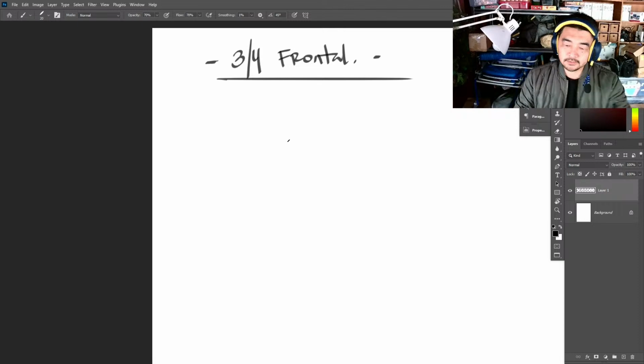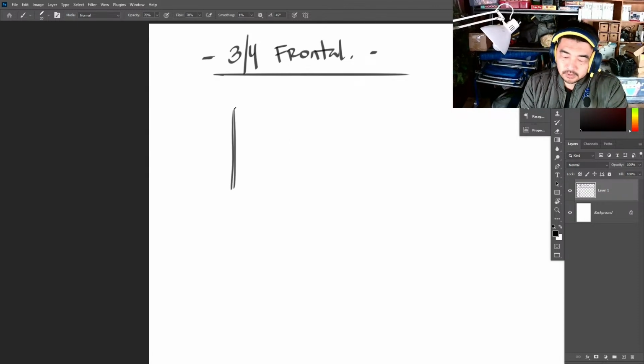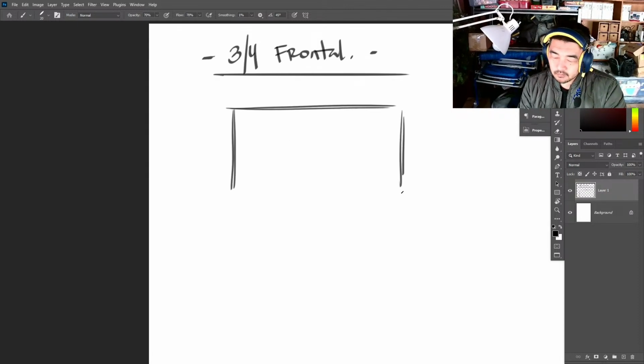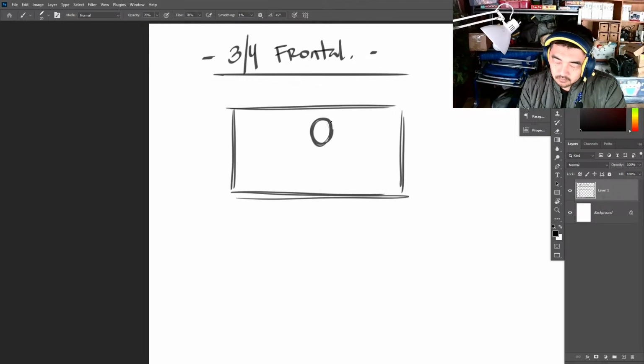So let's break it down. Here's my frame. I like drawing crosshairs in. Neck. Shoulders. Chest.